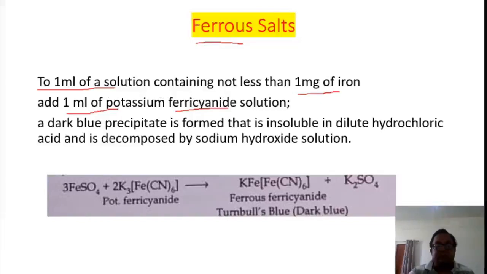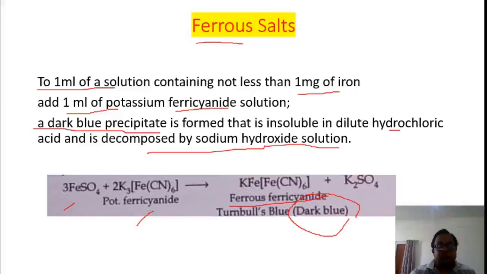It produces a dark blue precipitate. See, ferrous sulfate, we are having potassium ferricyanide. It is giving ferrous ferricyanide, and it has the dark blue color. This precipitate is insoluble in dilute hydrochloric acid and is decomposed by sodium hydroxide solution.